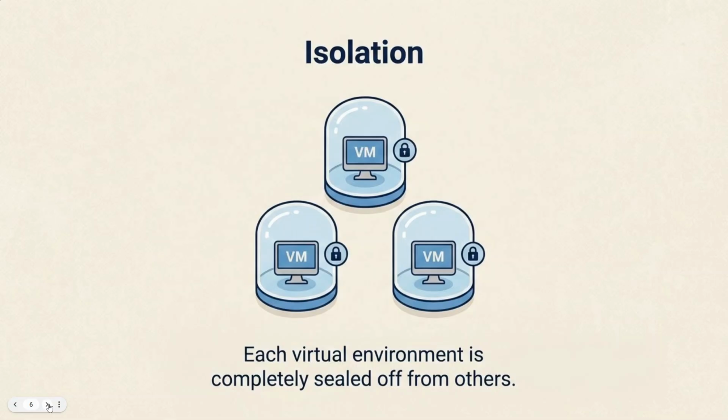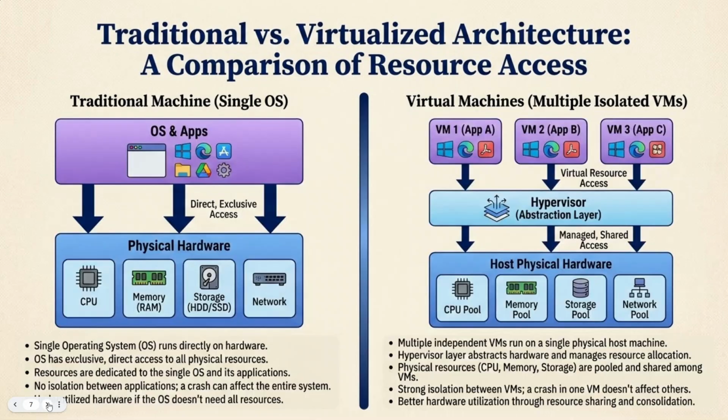Let's take a look at all these three principles in action as compared to a traditional computer system. The left image shows you how a traditional computer system with one OS has direct and exclusive access to the hardware resources.